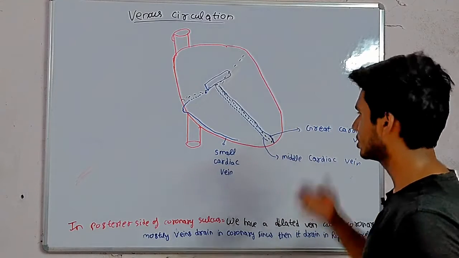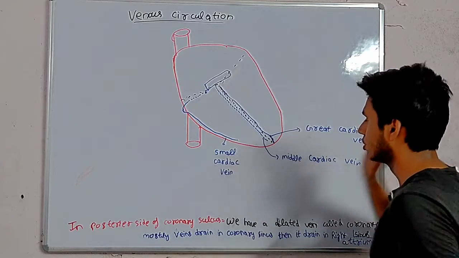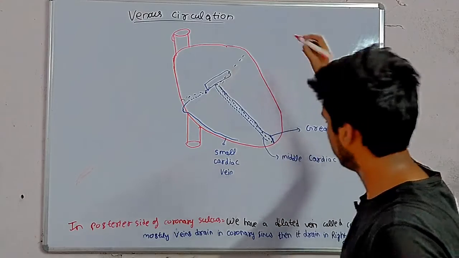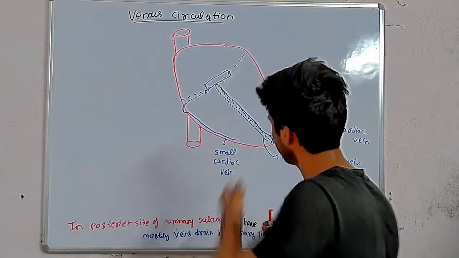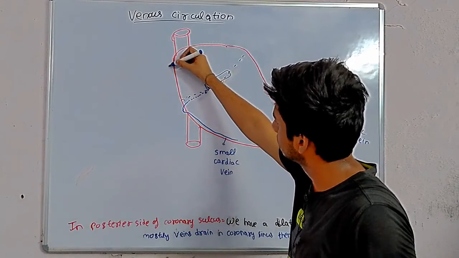These are the major veins. Some are present in the anterior aspect and some in the posterior aspect. Then some veins include the anterior cardiac veins.